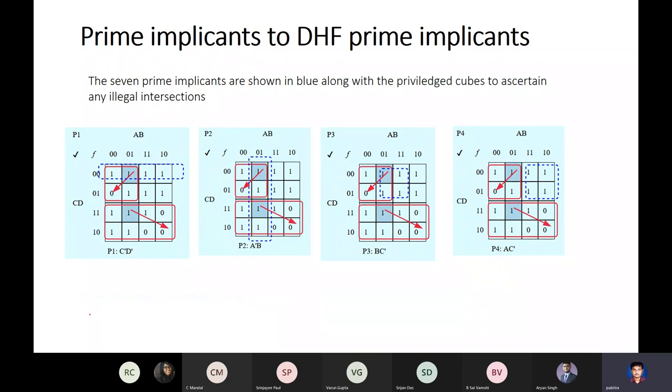It's not illegal. That's why I've written a tick, because it intersects with this privileged cube, but it also includes the starting point. All right, so this is valid. This prime implicant is the prime implicant AB. This is valid.